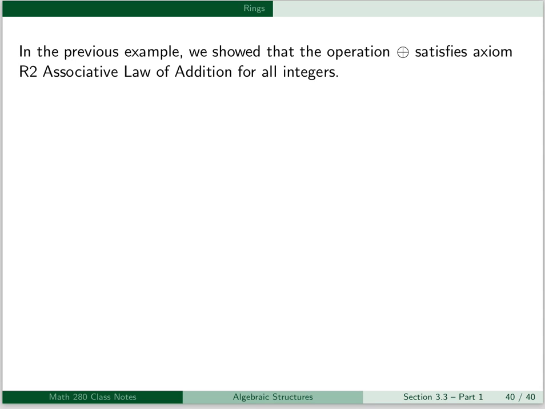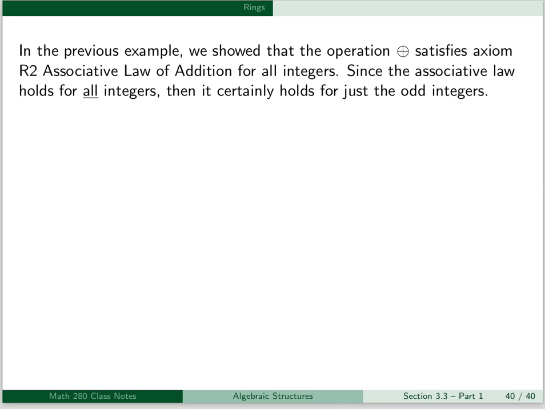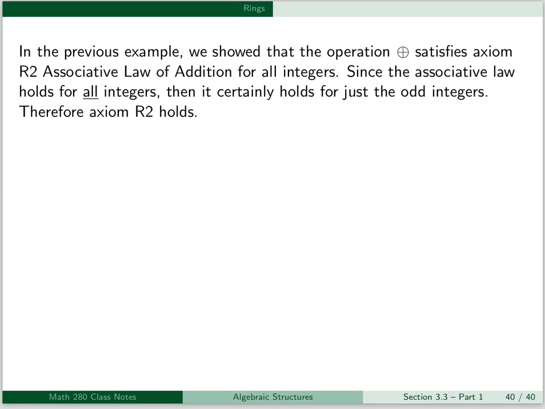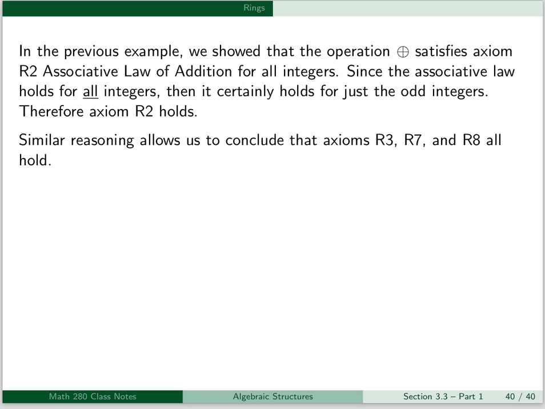Now in the previous example, we showed that the operation circle plus satisfies axiom R2, the associative law of addition, for all integers. Since the associative law holds for all integers, then it certainly holds for just the odd integers, and therefore axiom R2 holds for our set O. Similar reasoning allows us to conclude that axioms R3, R7, and R8 all hold.